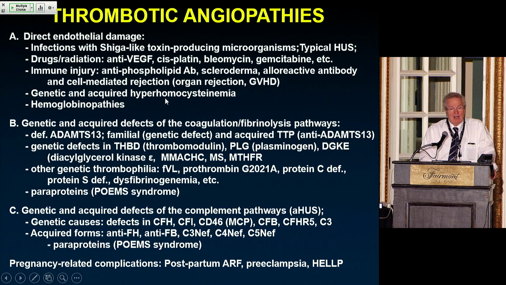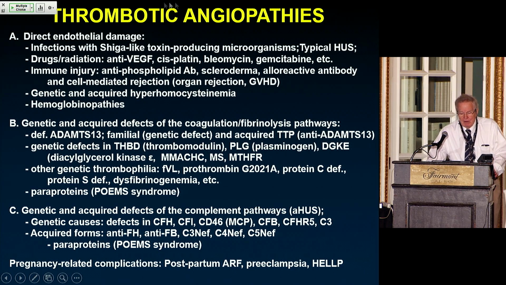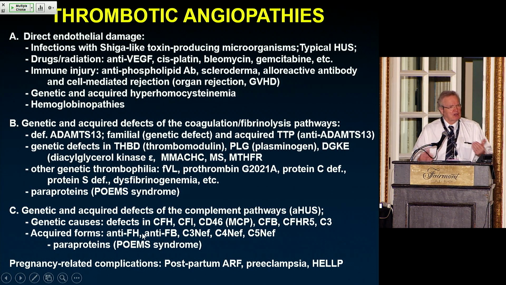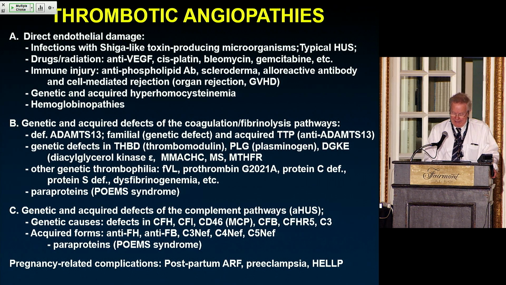Then there are genetic and acquired diseases such as hyperhomocystinemia. Hemoglobinopathies can also be part of the thrombotic angiopathies. The genetic aspects of the thrombophilias are well established. And then you have genetic and acquired defects of the complement system, which belongs into this group of dense deposit disease and glomerulonephritis C3, both acquired as well as genetic.